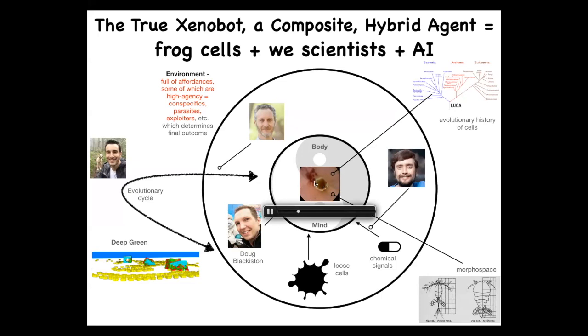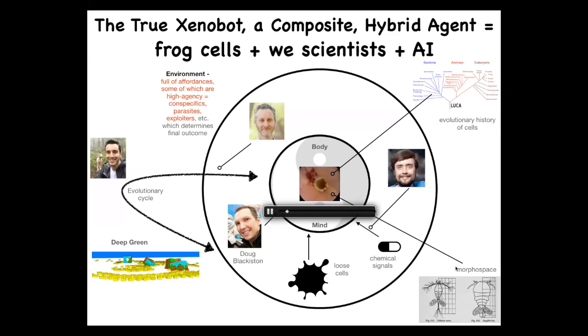It's not just the actual thing here. The whole cycle that allows these Xenobots to exist involves all of these components. It involves these other intelligences, meaning us in the environment. It involves the cells. It involves the genome of the frog that made some of this hardware.